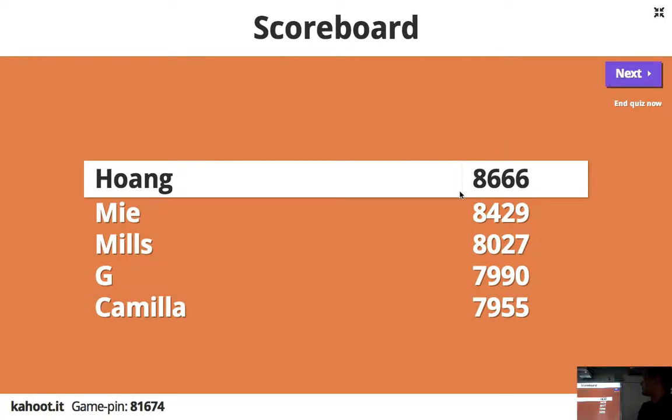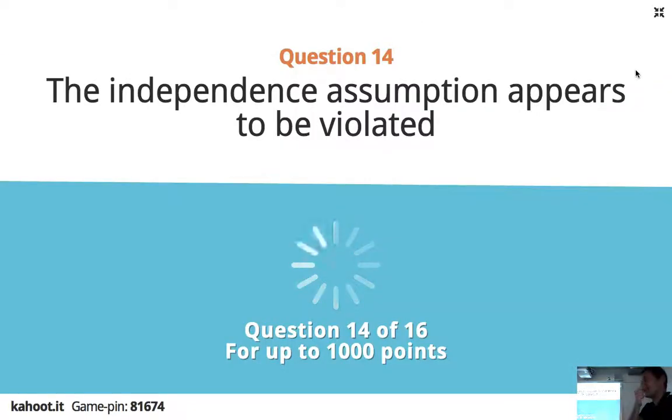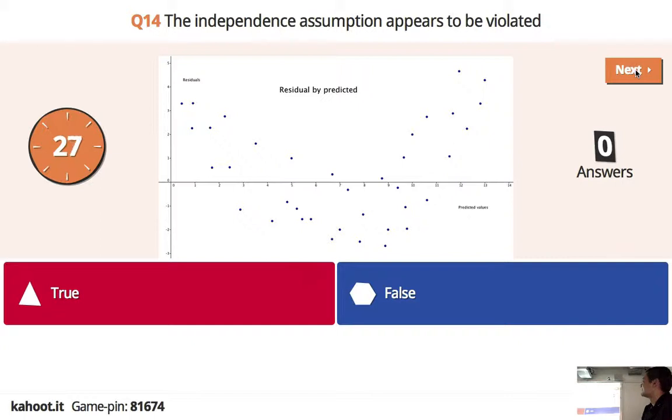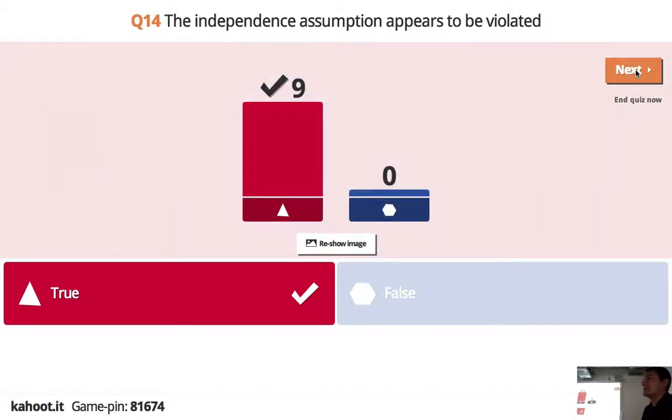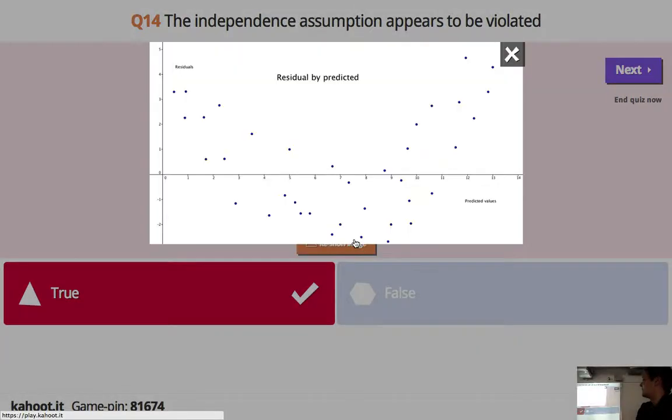Who's 1, 2, and 3? No? Okay, so in this case, as I said previously, independence is very hard to check.